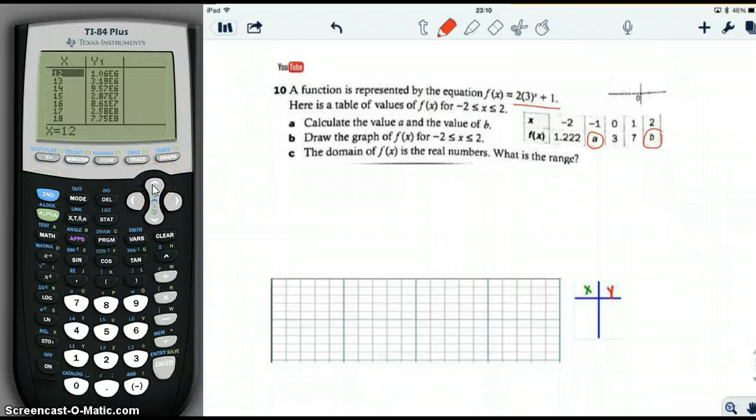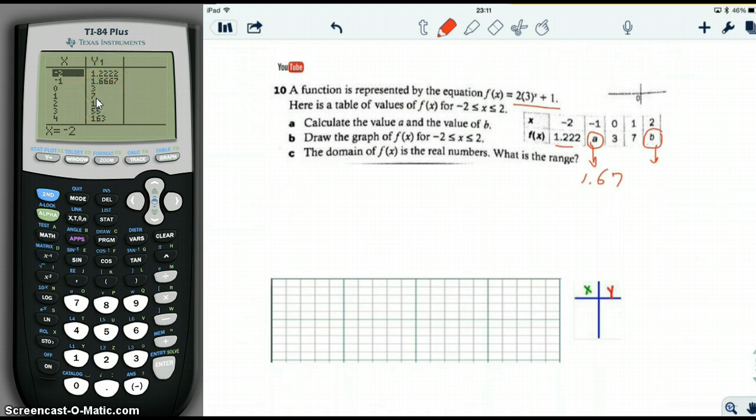Okay, and then we're particularly interested in the region negative 2 to 2, so we'll go to negative 2. So the smallest number is 1.222, that matches here. Negative 1 is 1.6667, so A is actually 1.67. 0 is 3, that matches.